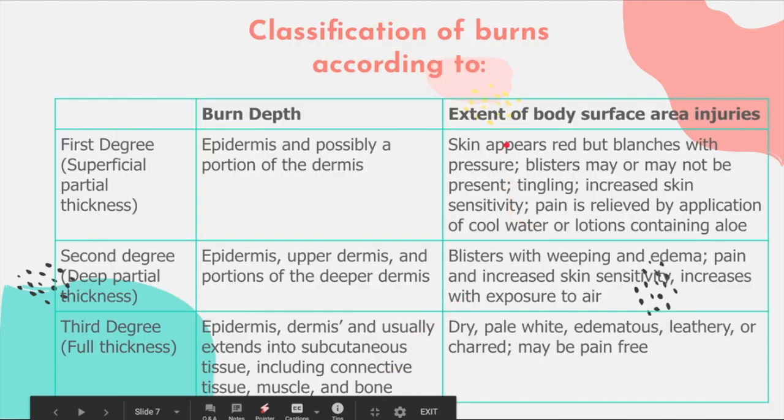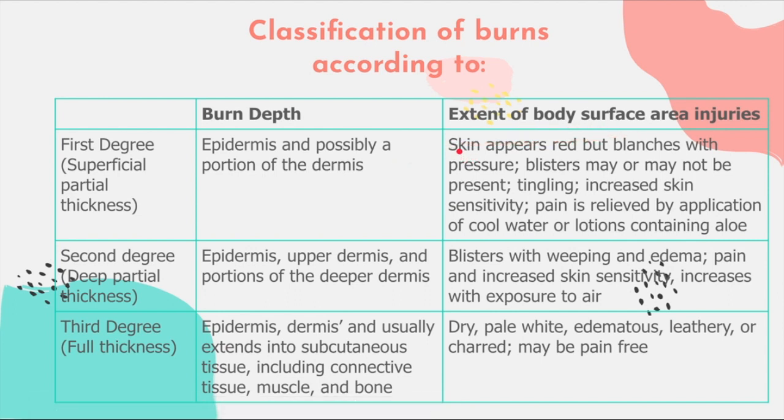So the extent of body surface area injuries for the 1st degree burn is that the skin appears red but blanches with pressure. Blisters may or may not be present, with tingling and increased skin sensitivity. For the 1st degree burn, pain is relieved by application of cool water or lotions containing aloe. Next is the 2nd degree burn, with blisters, weeping, and edema.